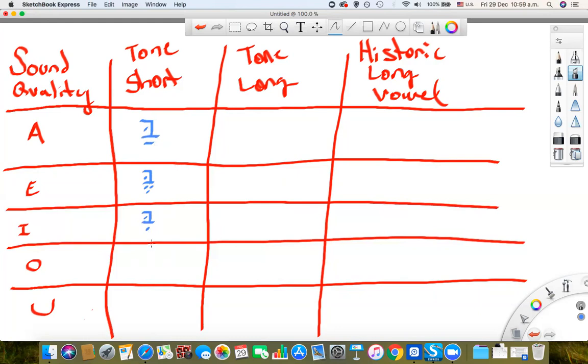The short O is a kametz hatuf, and is pronounced o. So that would be bo, bo. And then our U class is called a kibbutz, and looks like this: 3 dots, kind of at an angle.